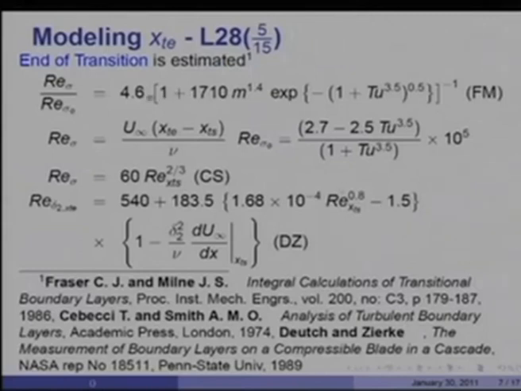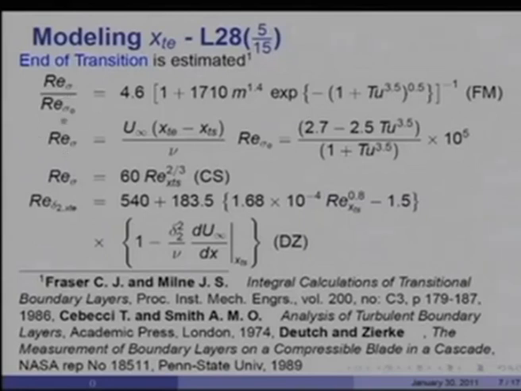Now, how about the end of transition? For the end of transition, you define Re sigma as U infinity times (xte minus xts) divided by nu. So, it is based on the transitional length, if you like.